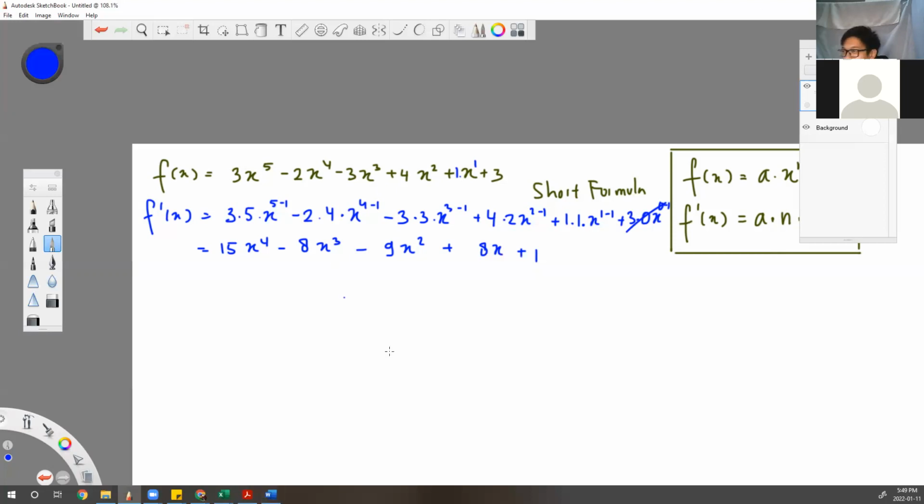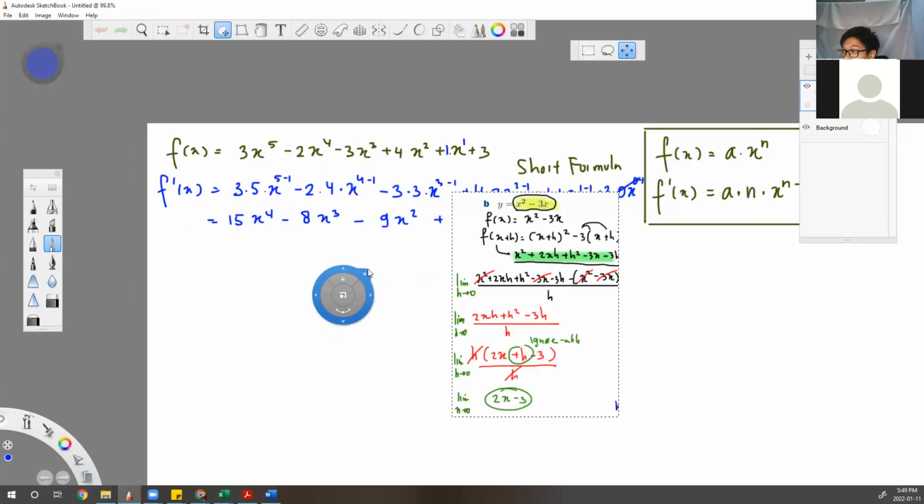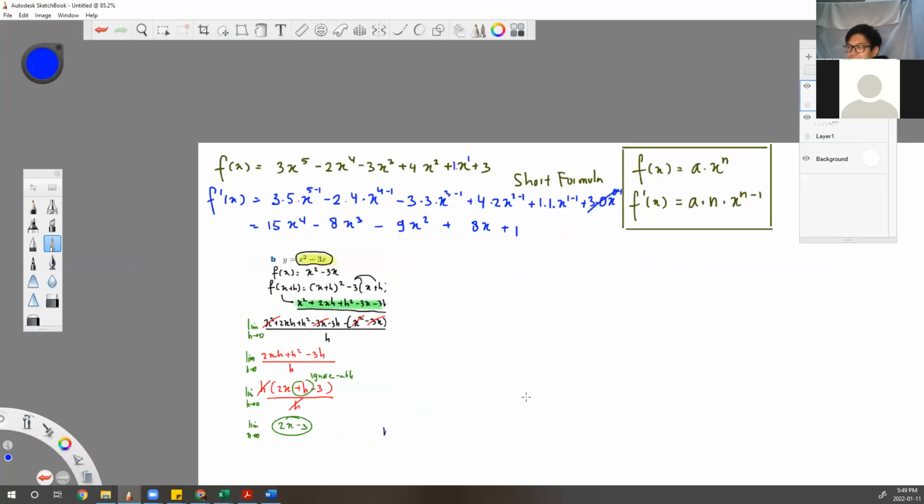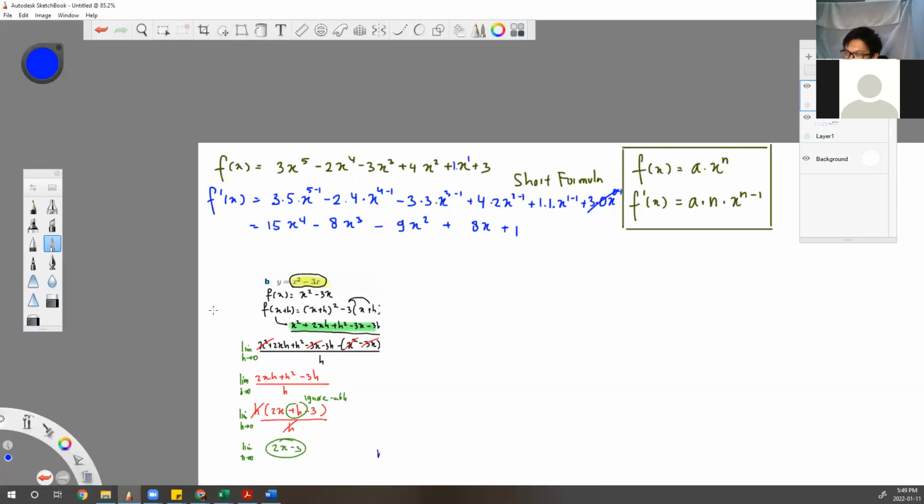Yeah, Vicky. So let's see this. This is the working, right? We have so much working. This is the first principle. By using the first principle, we know the formula of gradient will be like this. This is the workings, and this is the answer, right? We use the first principle.